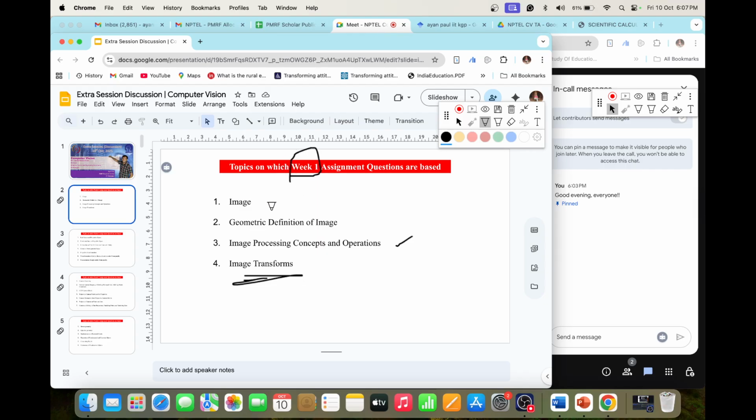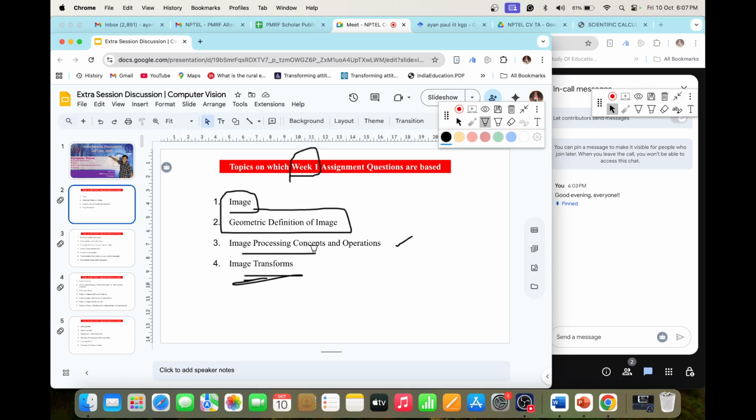From a conceptual point of view, what is important is the image and the geometric definition of image. From a numerical point of view, different image processing concepts and operations, like the image histogram, and gradient image operations, which are very important for detecting the edges of an image, like the Sobel operator and Prewitt operator. Those are very important for numerical questions.